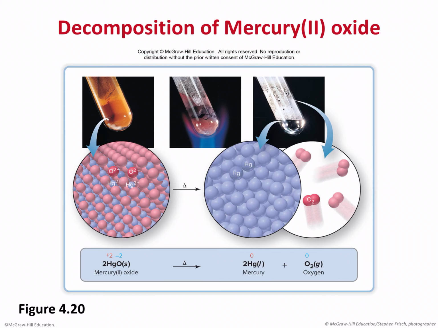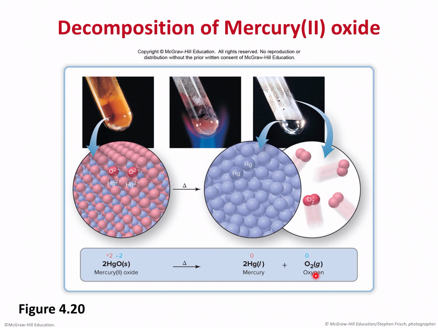Another one, decomposition of mercury oxide. So this is mercury oxide, HgO, and in this one oxygen's charge is -2, so mercury is +2. You heat it, so oxygen will go away, and then you would end up having mercury. Oxygen becomes a gas when you heat it.